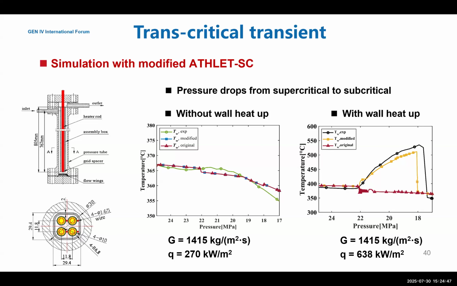The yellow one is our modified prediction. In the original one, they cannot predict the cladding temperature increase. But in the modified one, you will see a sharp increase of the cladding temperature. It agrees very well with the experimental data.